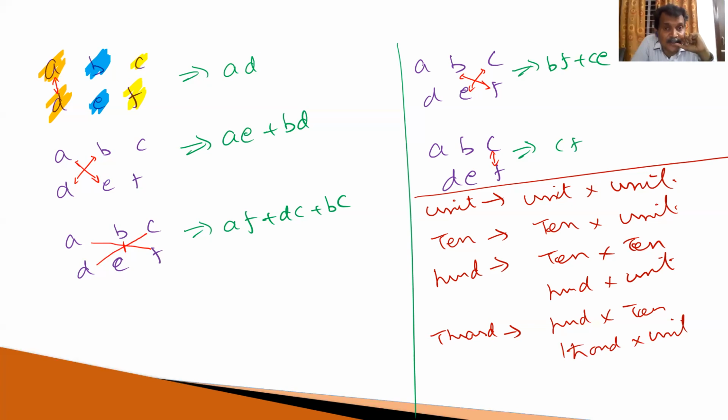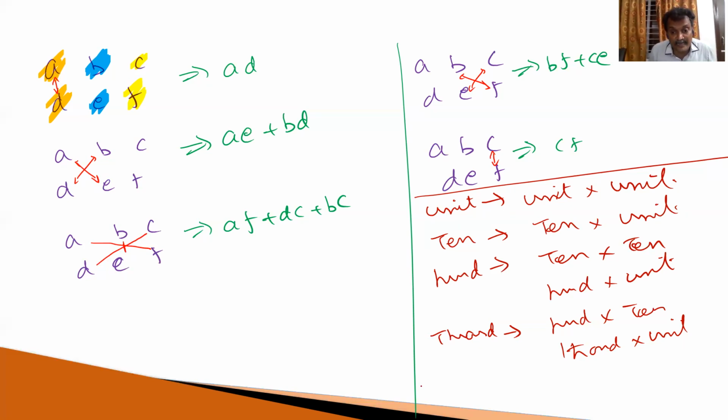Now, suppose you multiply 3 digit by 3 digit, then what is the maximum place value you get? Suppose you multiply 2 digit by 2 digit, then what is the maximum place value? That is equal to tens place into tens place. That is equal to 100, or not. Suppose you multiply 3 digit by 3 digit, that means 100 by 100. Then what is the maximum place value?